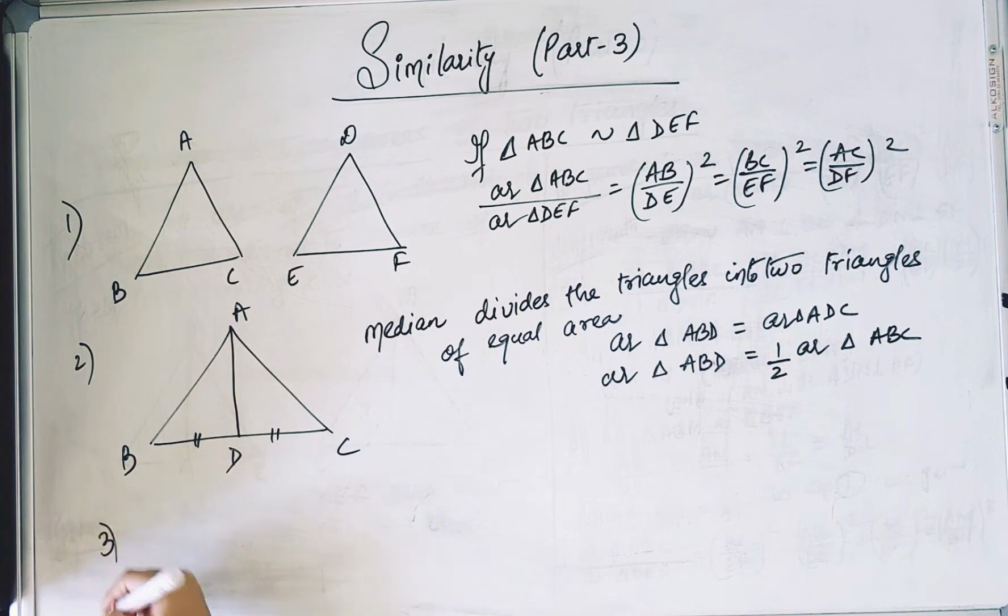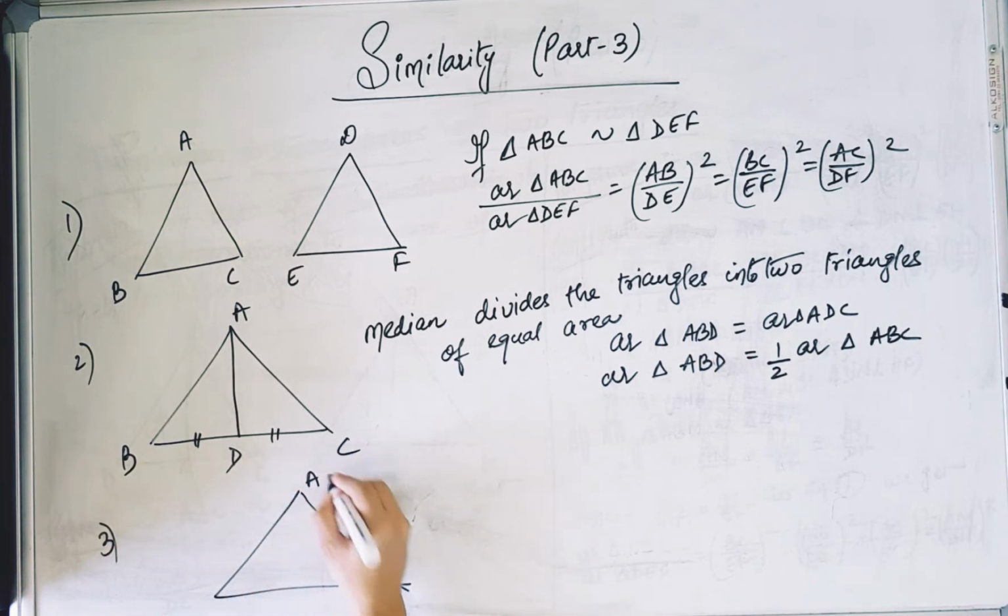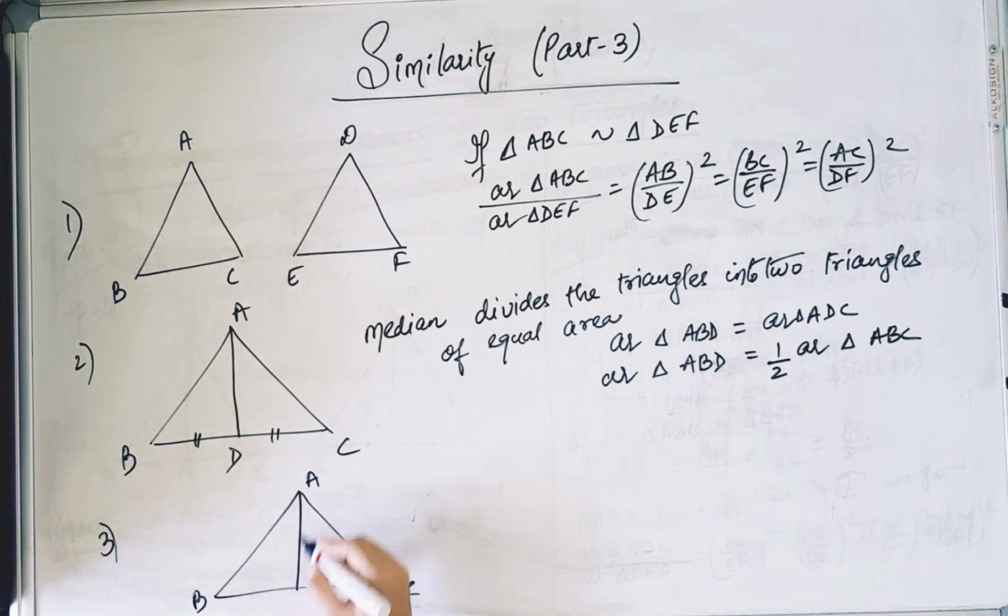Third concept, if we are having a triangle A, B, C, and if two or many triangles have the same vertex A. So we are having two triangles over here. One is ABD and the other one is ACD.